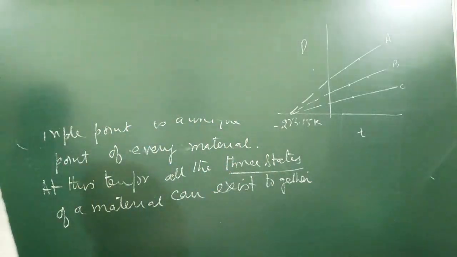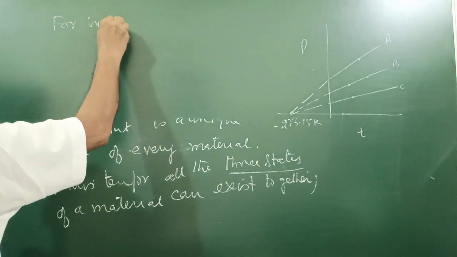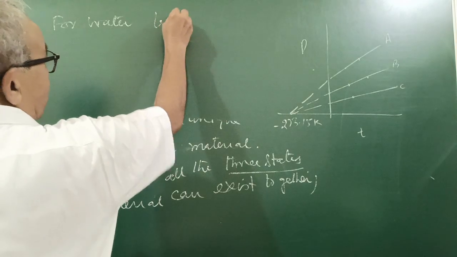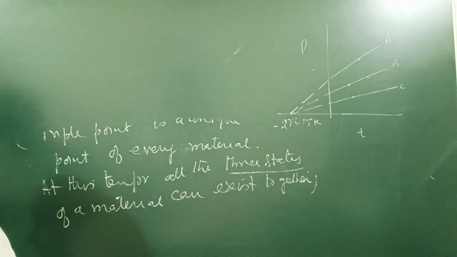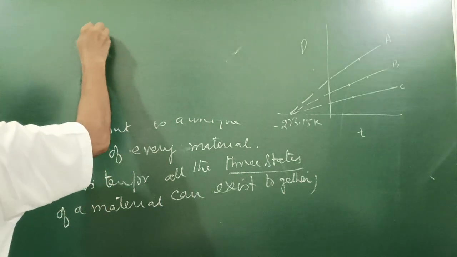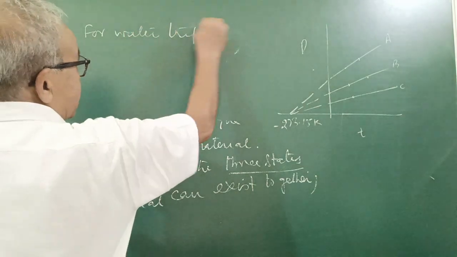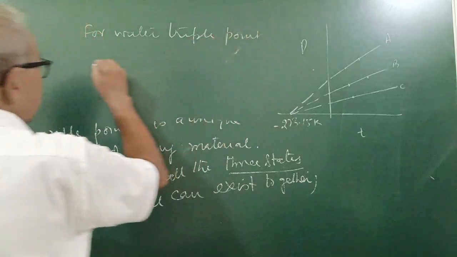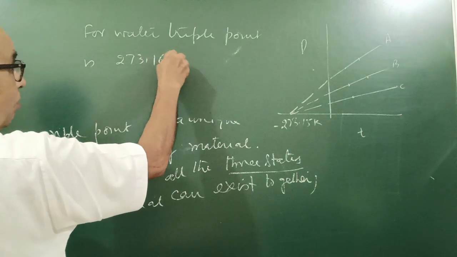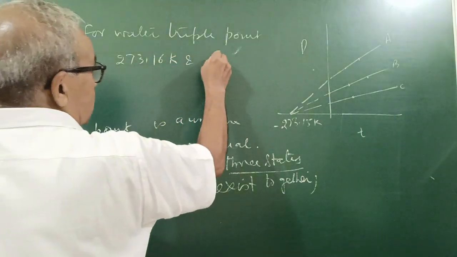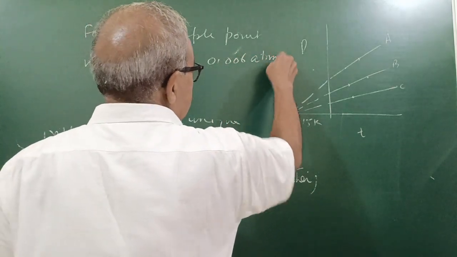For water, the triple point is 273.16 Kelvin and 0.006 atmospheric pressure.